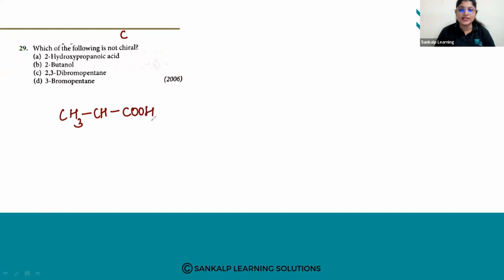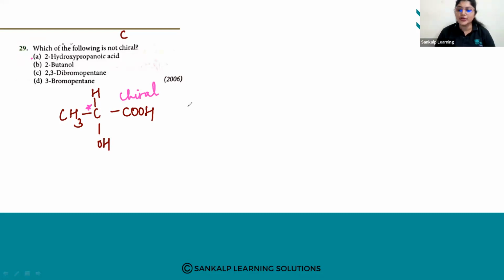Add OH at 2. Is it having 4 different atoms or groups attached? You can see this is H. Yes, so it has a chiral center. So option A is chiral, so this is not the answer. Then we'll go for the next one.